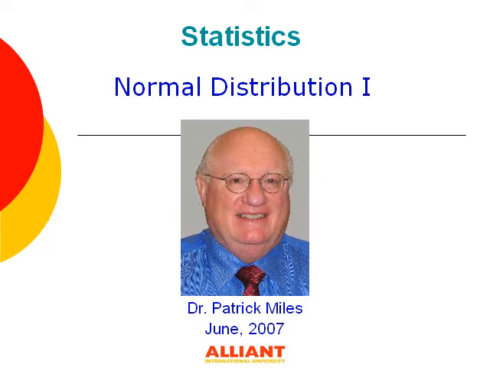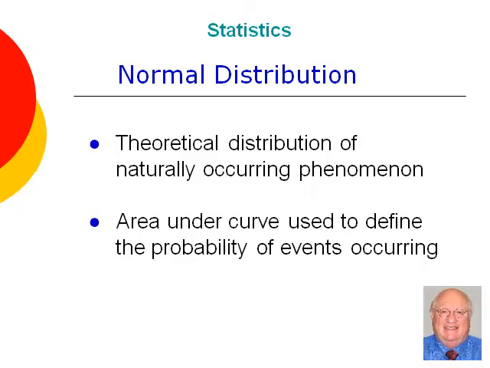In this class, we'll talk about the normal distribution and how we use it to interpret test scores and to test hypotheses. The normal distribution is one of the core constructs of statistics. In psychology, education, and other fields, we'll assume that many of the phenomena that we study are normally distributed.